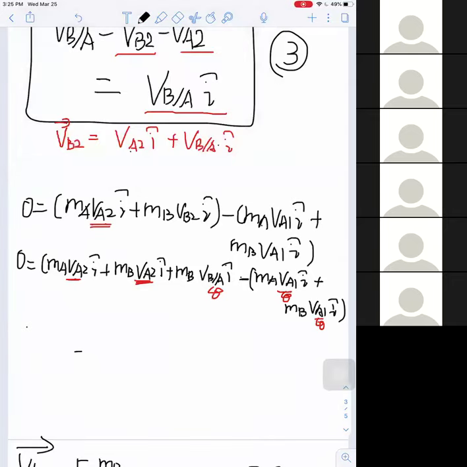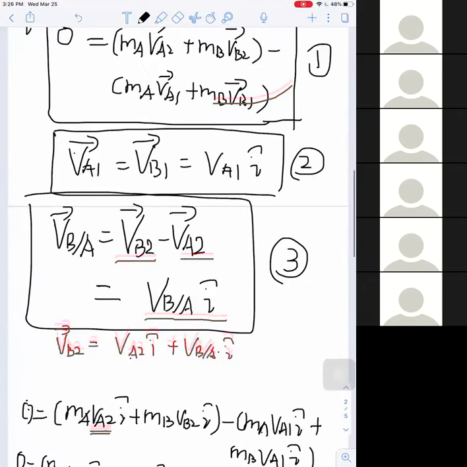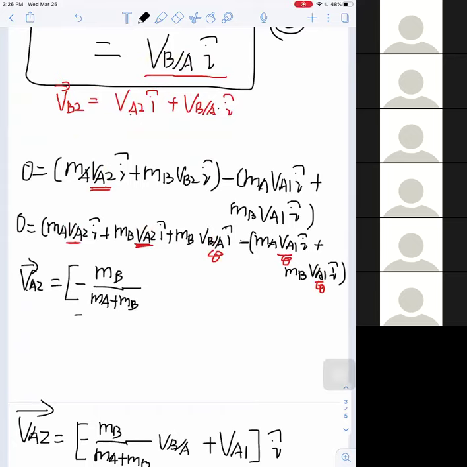If you do some arrangement, you will get vA2 equals negative mB over (mA plus mB) times vB/A plus vA1, in the I direction.